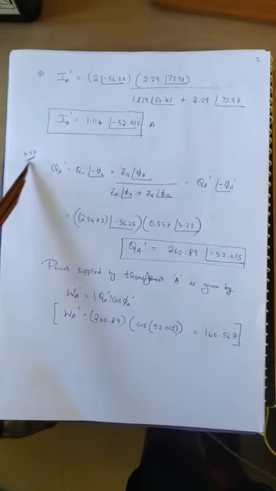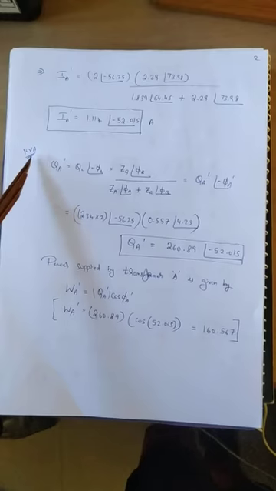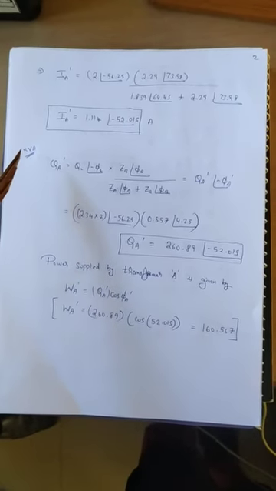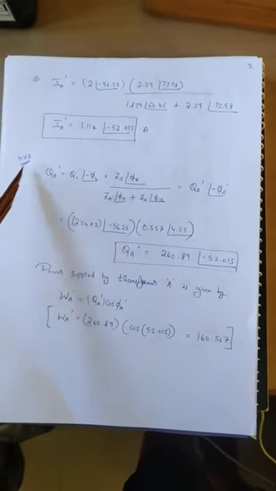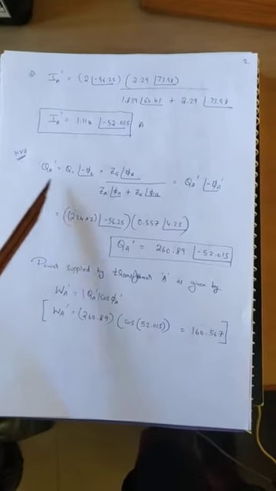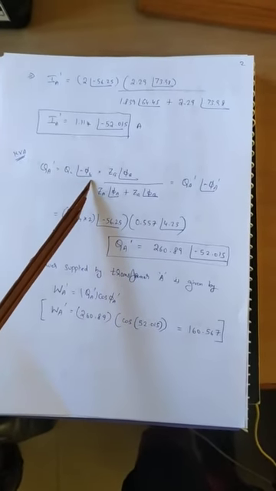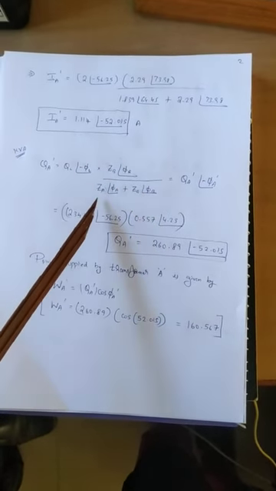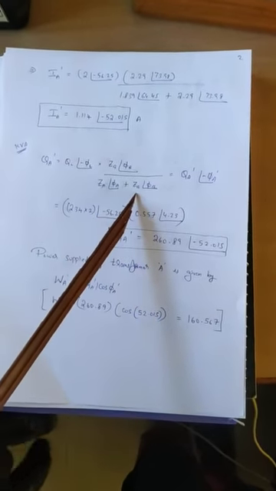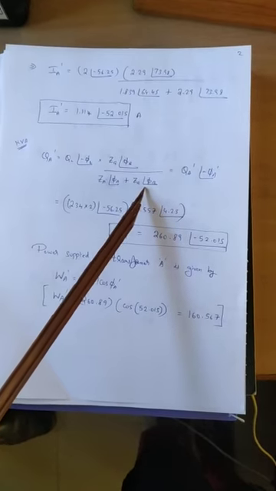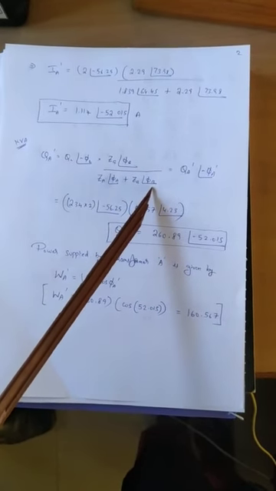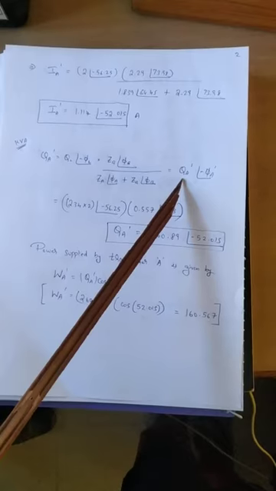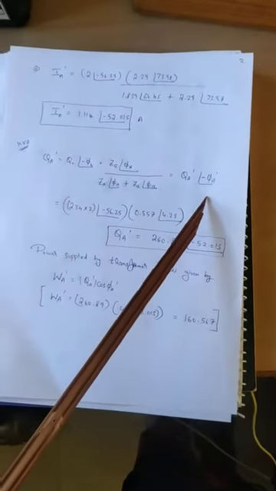Then we try to calculate the kVA capacity. QA dash is given by QL at an angle minus phi L multiplied by ZB at an angle phi B divided by ZA at an angle phi A plus ZB at an angle phi B. And again we are interested in expressing this in polar form, QA dash at an angle minus phi A dash.